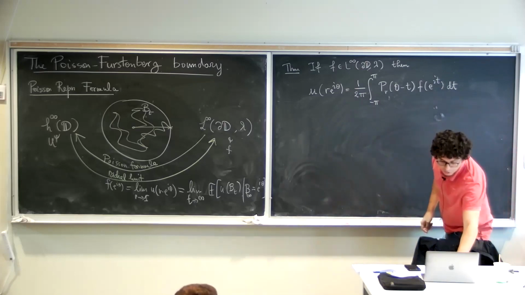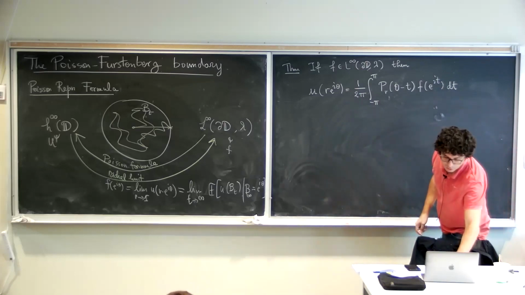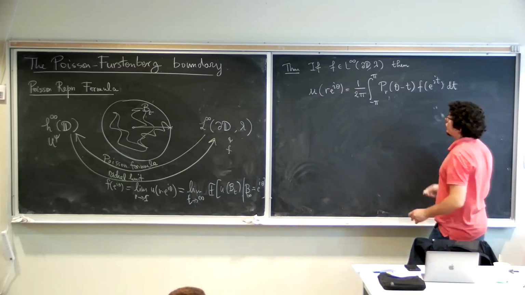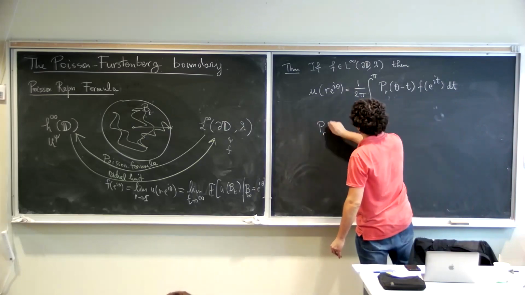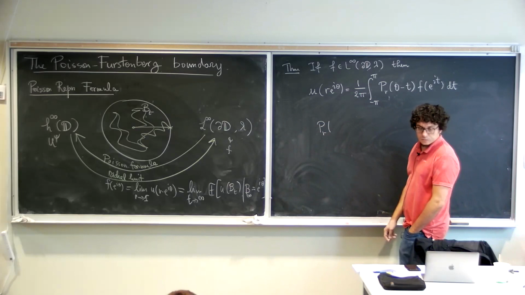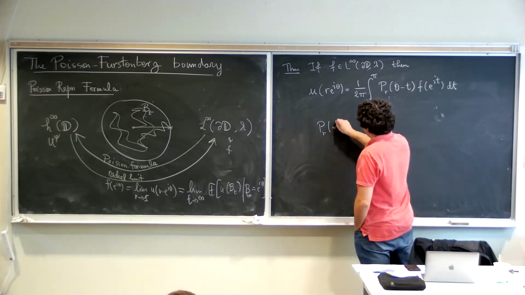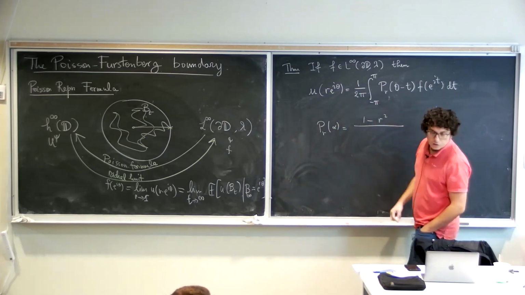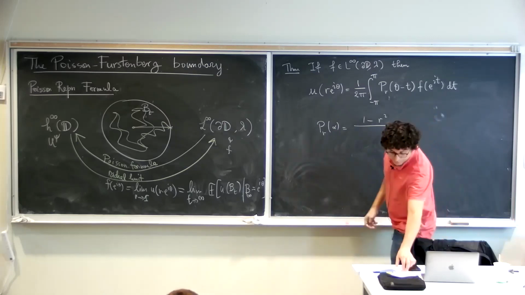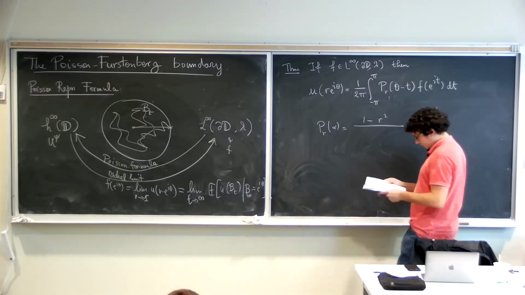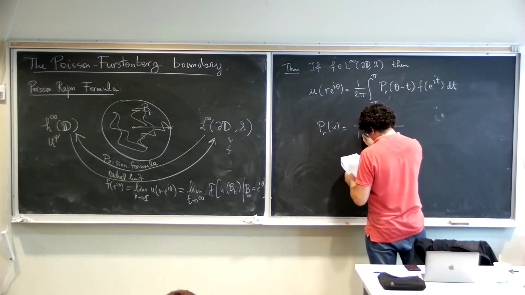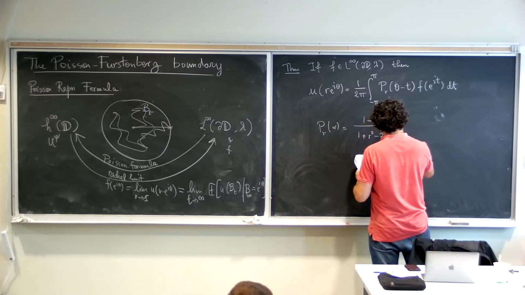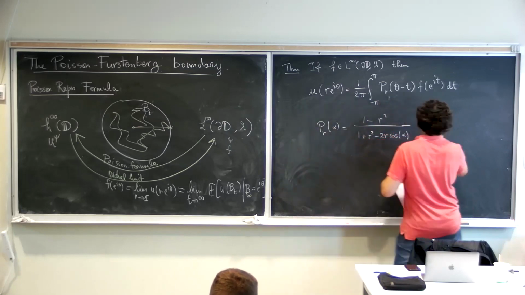And then what is P_r? P_r of alpha is 1 minus r squared over 1 plus r squared minus 2r cosine alpha. It's called the Poisson kernel.